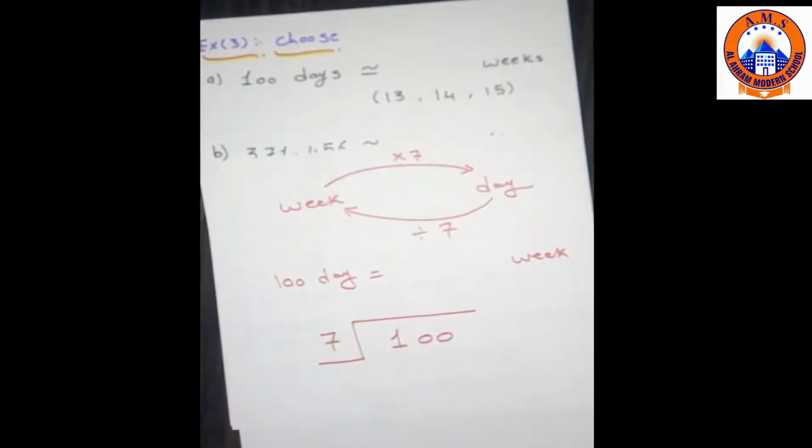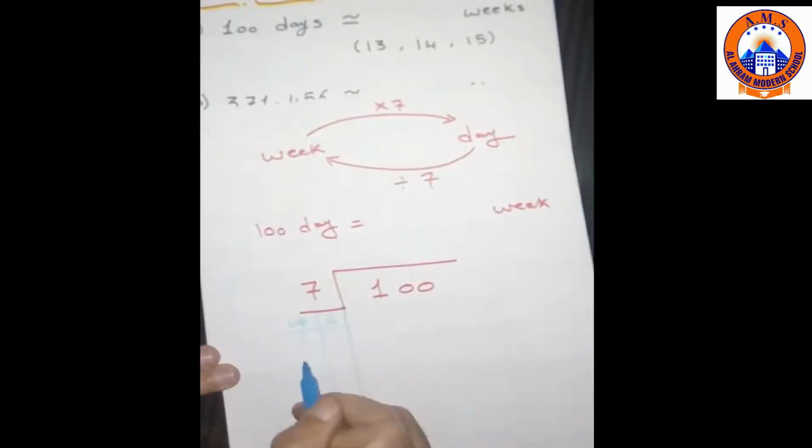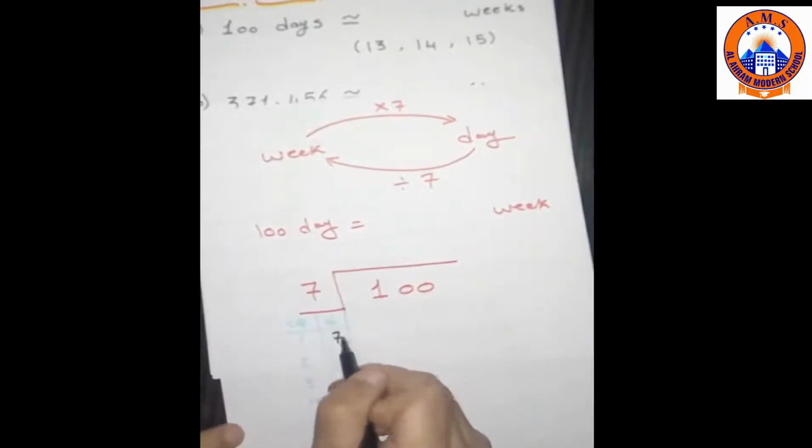To make this division, I'm going to do a little help with table 7. Here we have up and down, 1, 2, 3, 4, 5. We're going to make table 7. 7 by 1 equals 7, 7 by 2 equals 14, by 3 21, by 4 28, by 5 35.